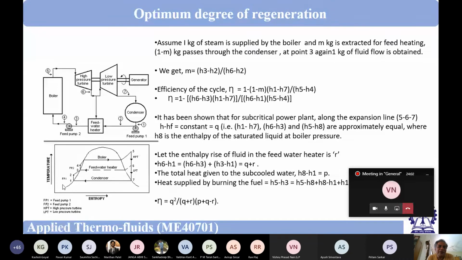We are not having the benefit of a board. So in that case, this process will be something like this, and this expansion process will also be something like this. And between these two processes, there will be heat transfer. One will give heat and one will take heat.